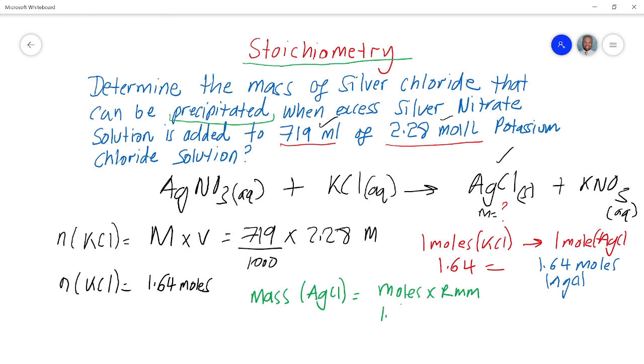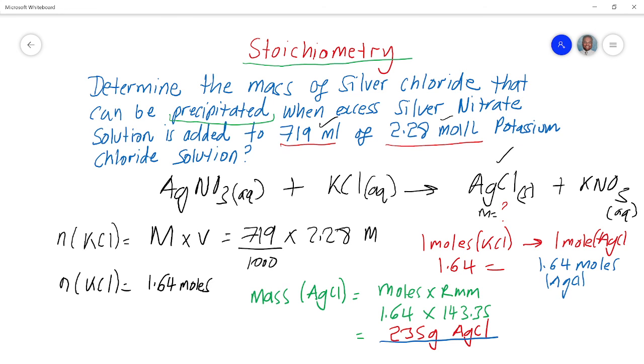What's my moles here? 1.64, and I need to get the relative molecular mass of silver chloride, which in this case is 143.35, and we multiply these two, and you're going to get 235 grams of AgCl. So that becomes your mass of AgCl.